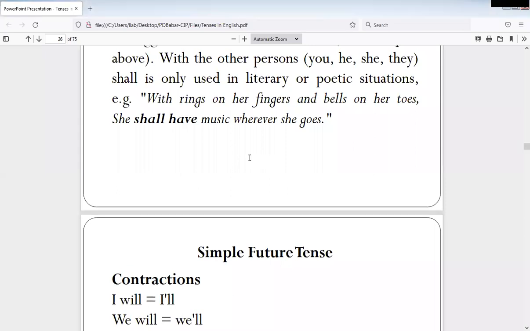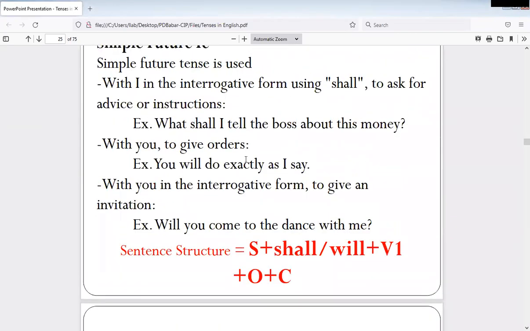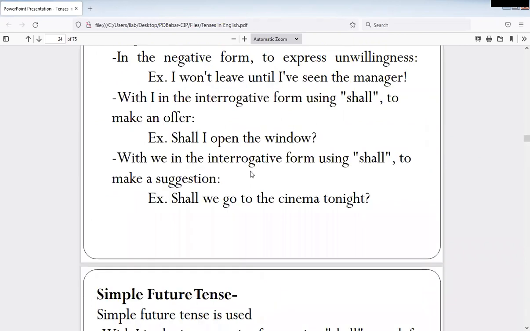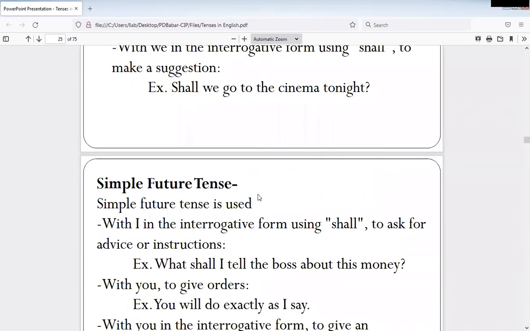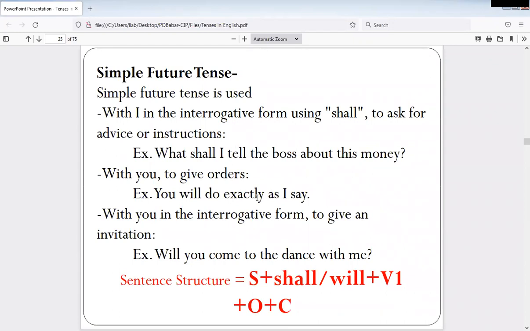In the last lecture we have discussed about simple future tense. And from last 2 weeks I think you were busy in ISE, that is in semester exam, and that's why we couldn't conduct your lecture for last 2 weeks.